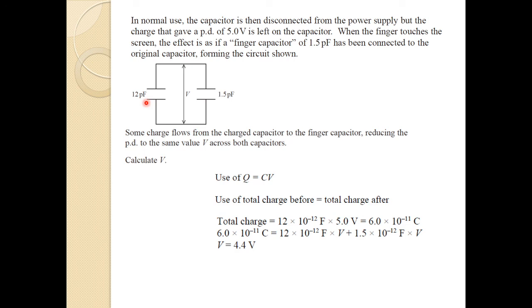That is the key thing you have to keep in mind when handling this capacitance idea. So the other capacitor holds that also Q equals CV, C is 1.5 into 10 to the power minus 12 farad, as it is 1.5 picofarad, into V. So we can obtain V, and the V value is 4.4 volt.